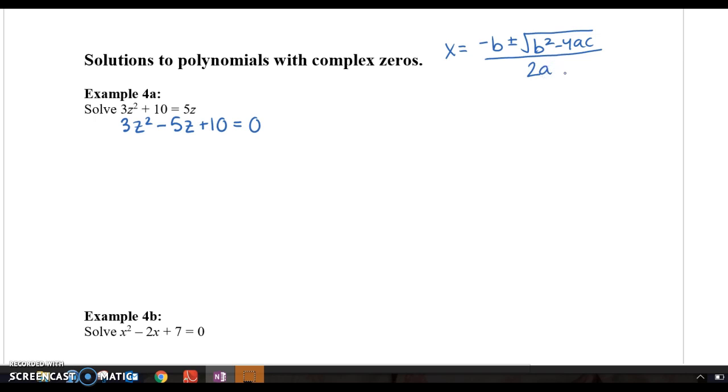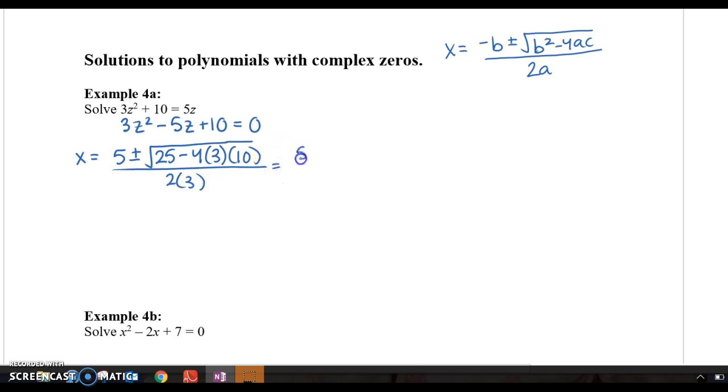So now to solve, x equals -b, so the opposite of b, the opposite of -5, is 5, plus or minus the square root of b squared, so -5 squared, which is 25, minus 4 times 3, which is a, times 10, which is c, all over 2 times 3.